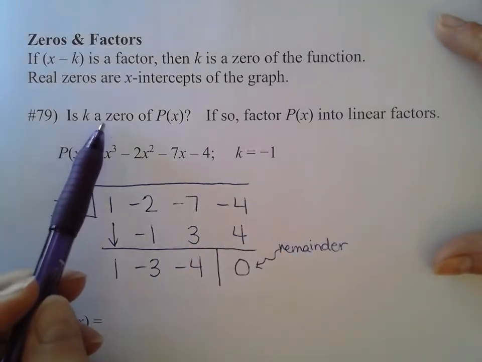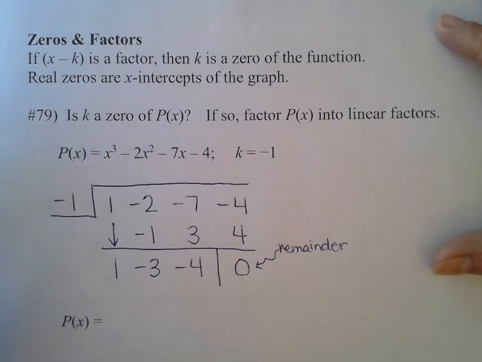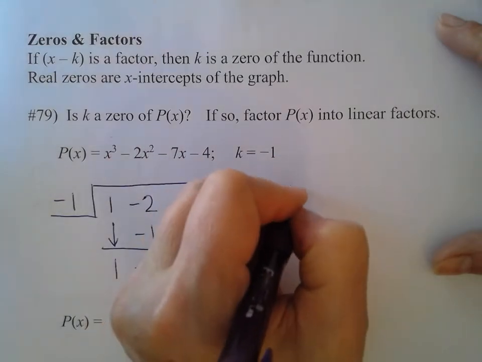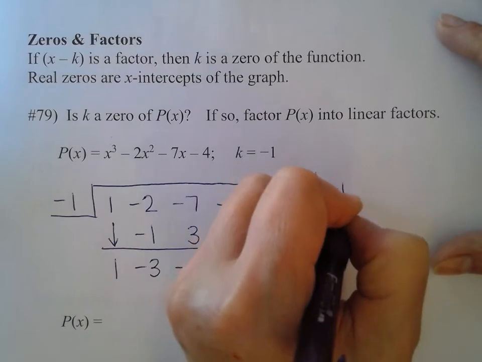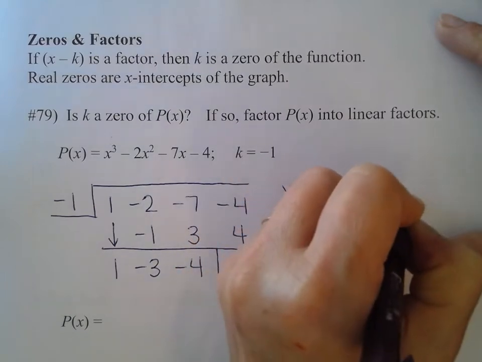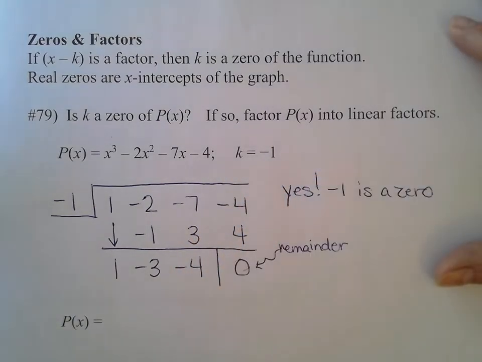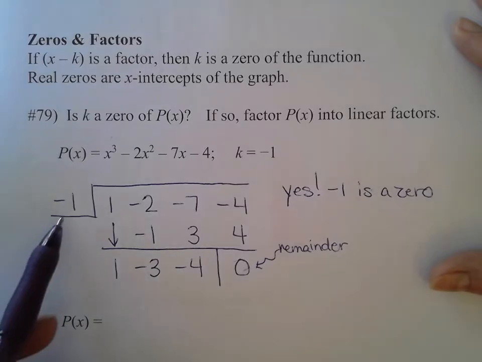So is k a 0 of p of x? We would say yes. -1 is a 0. Okay. Then we can go a little bit further. So if we use -1 here, what is the factor?